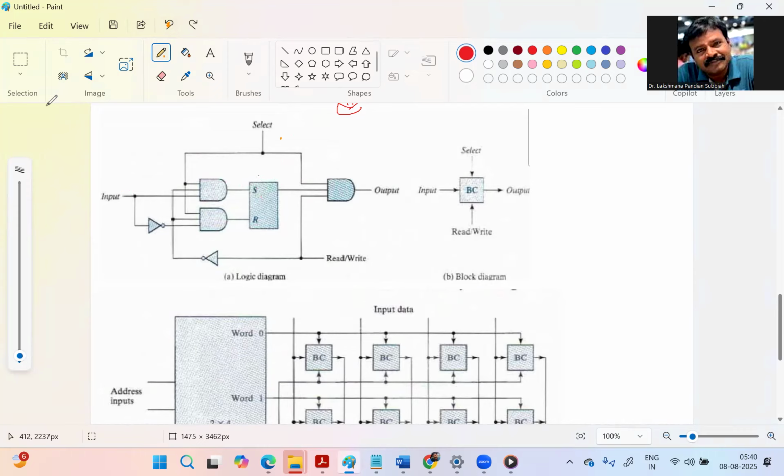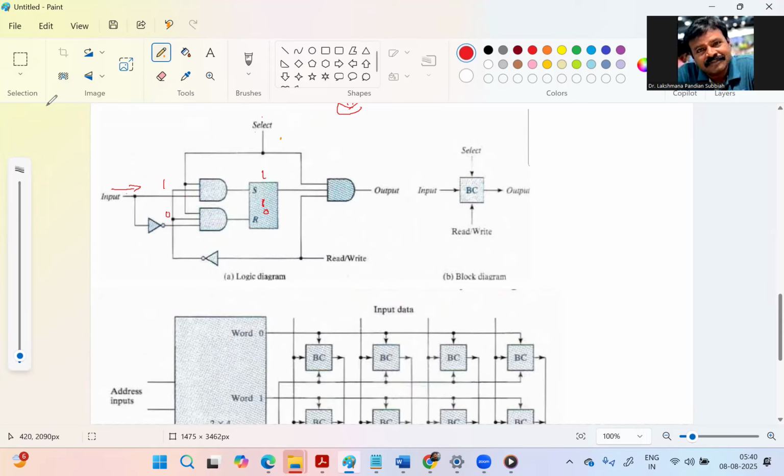Set is value 1, reset is value 0, so we can store either 0 or 1 in the SR latch. While writing, you have to give the input data: if S is 1 and R is 0, then it sets the value to 1. So the input has a direct input and an inverted input.